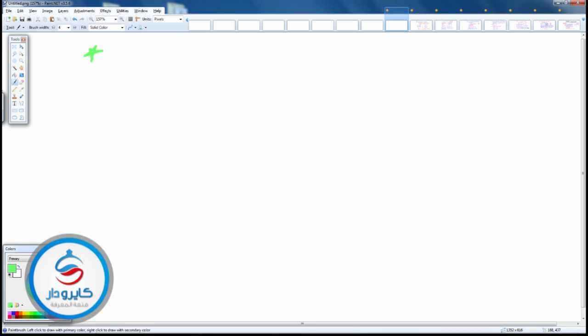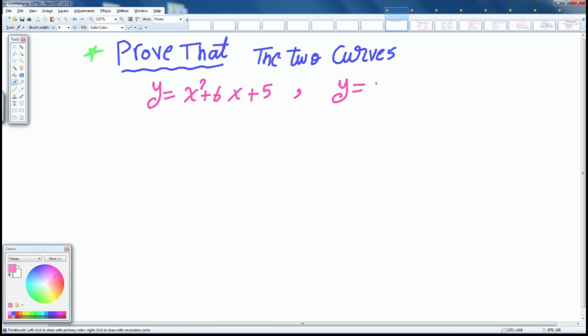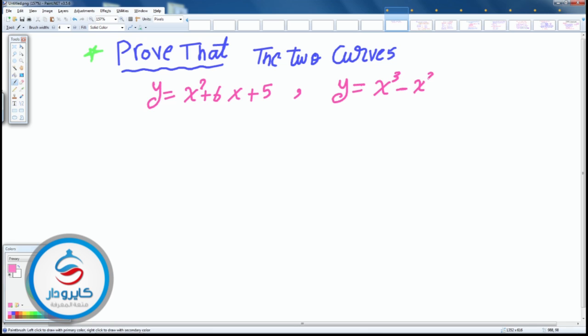The problem is: prove that the two curves, first curve y equals x power of 2 plus 6x plus 5, and second one is y equals x power of 3 minus x power of 2 minus x plus 1, are tangential.